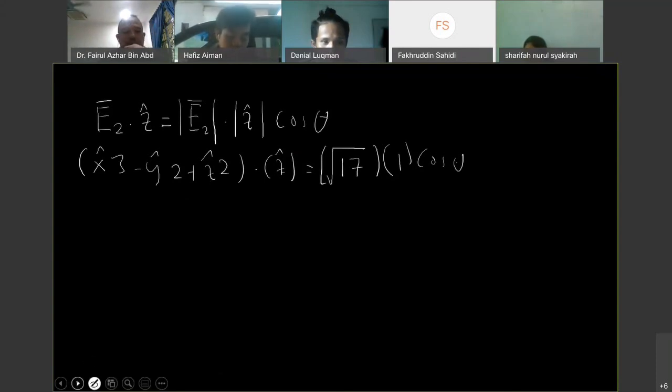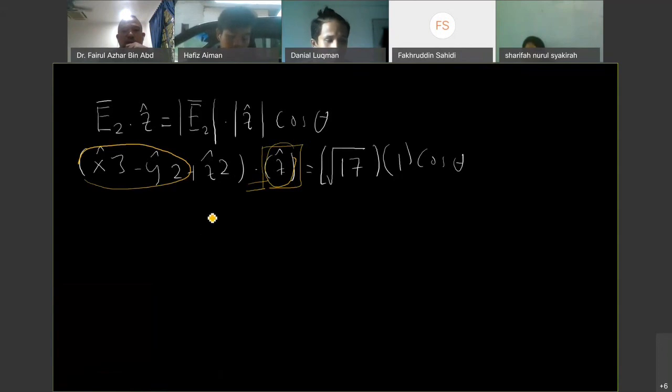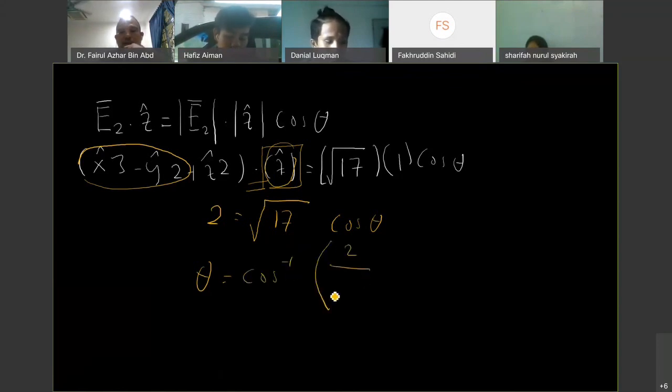Alright, so if you look into this operation, because we have only z cap in this part, for the other components the dot product becomes 0. So that's why we have 2 is equal to square root of 17 cos theta. And the theta we can get is inverse cos of 2 divided by square root of 17. Okay. So the answer is equal to 61 degrees.